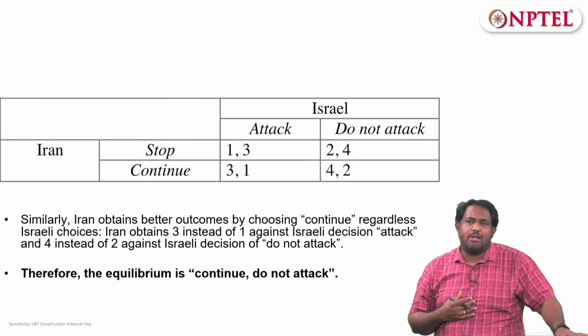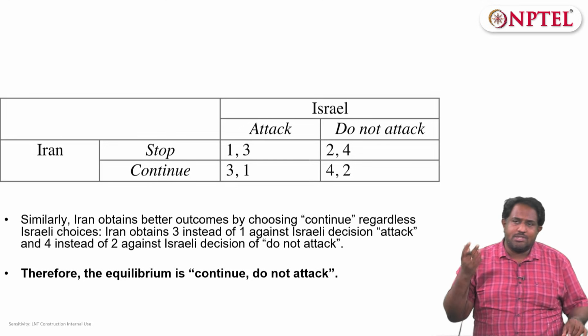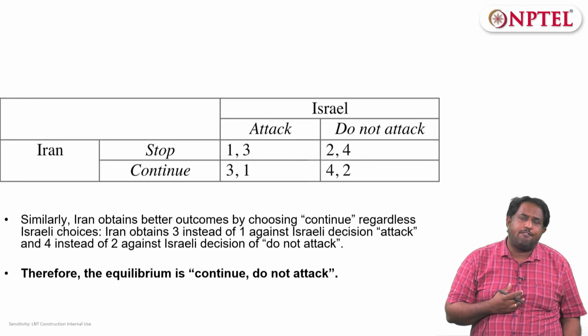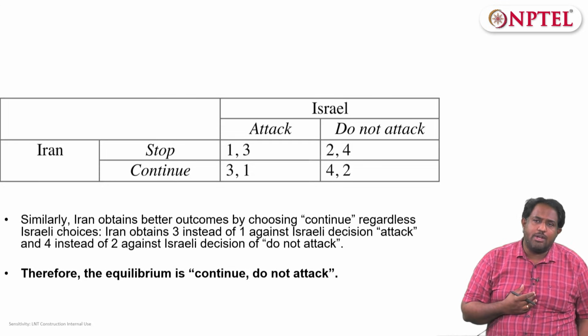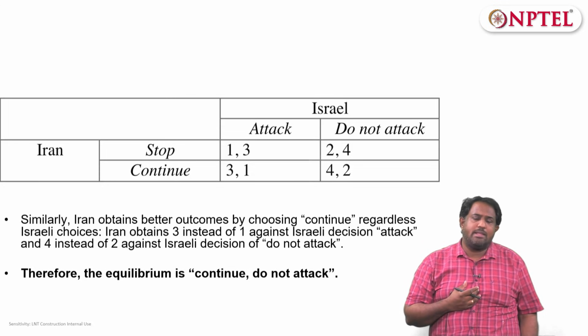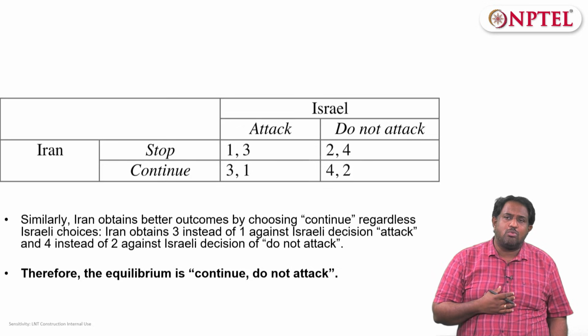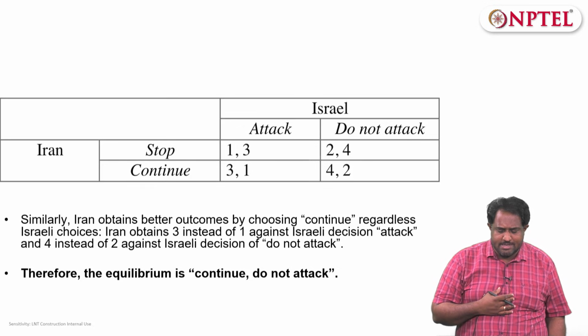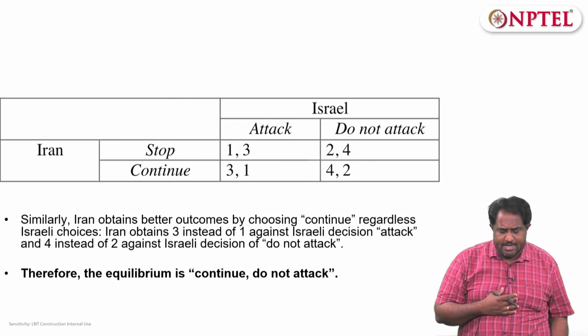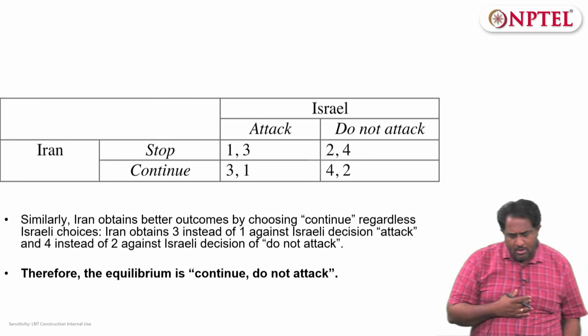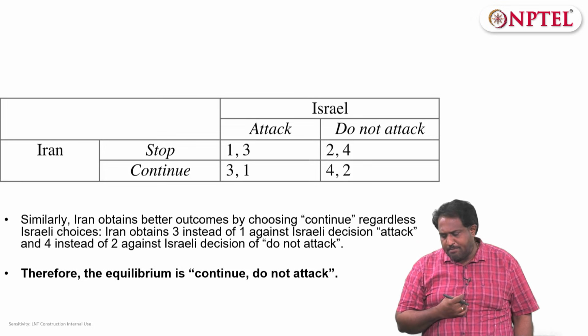So ultimately, the equilibrium that we arrive at is the intersection, as we saw, of continue and do not attack. So you end up in the last quadrant with a payoff of 4 and 2, which basically reveals the best outcome in this particular game, right?